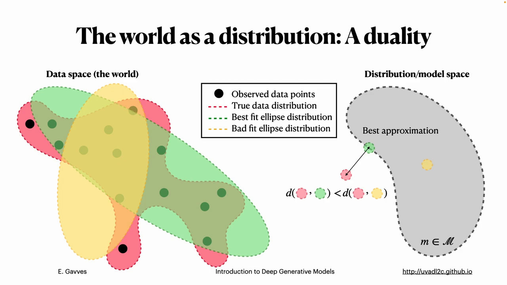The world as a distribution is an informative way of thinking about generative models. So let's say this is my data space, and these bullets are my data, my images. You can always assume that there is a true probability distribution, which is the red surface, that basically explains the data.